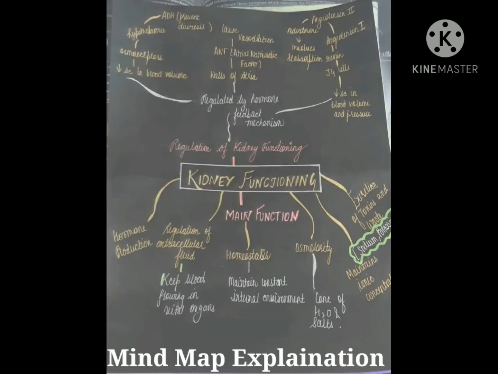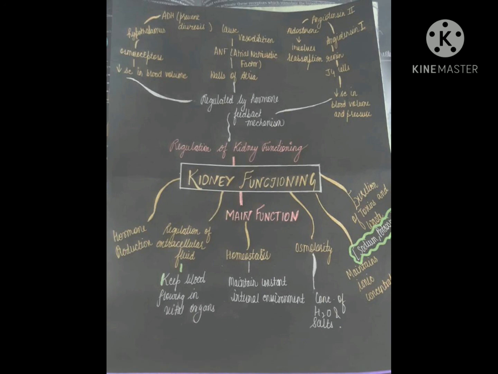The main function of kidney is homeostasis, that is maintaining constant internal environment. It also performs the function of regulation of extracellular fluid, and it also helps in keeping the blood flow in vital organs.